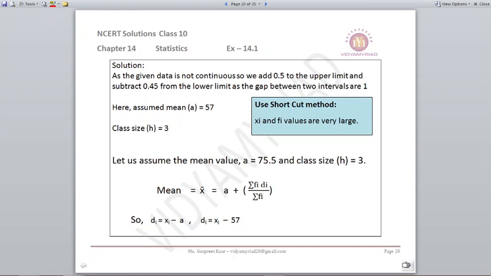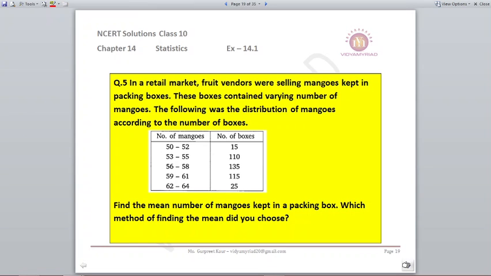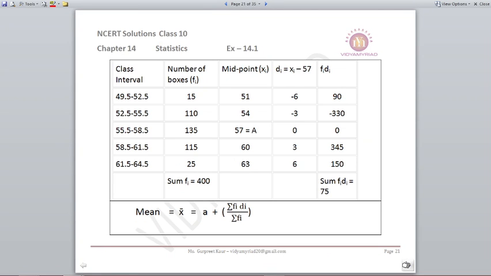Now here also we have xi and fi values quite large, so we will be using the shortcut method. Since the data is not in a continuous series, if you look at the data, 50, 52, then 53, 55, 56, it is not continuous. So we will add and subtract 0.5 to make it a continuous series.